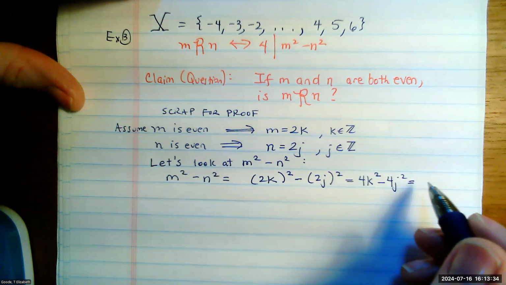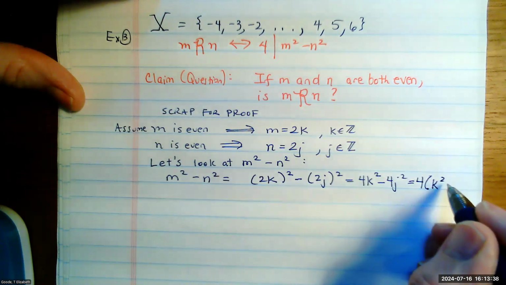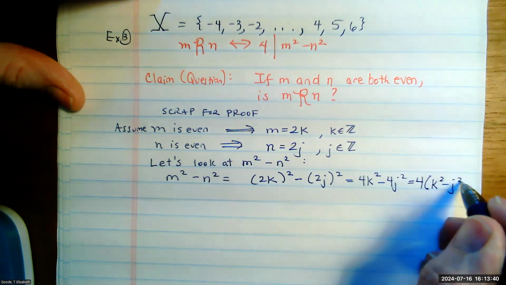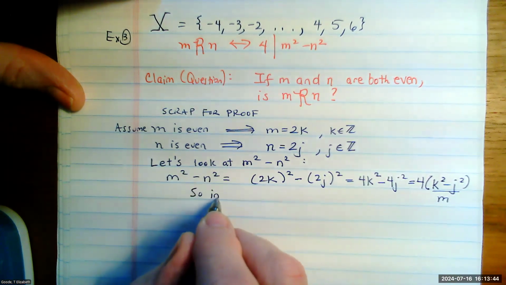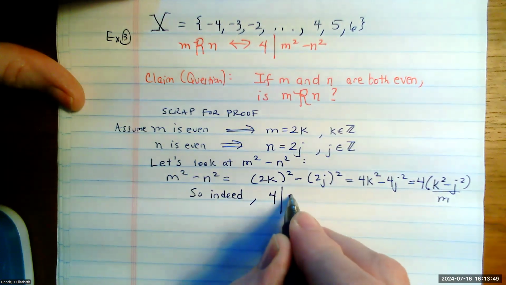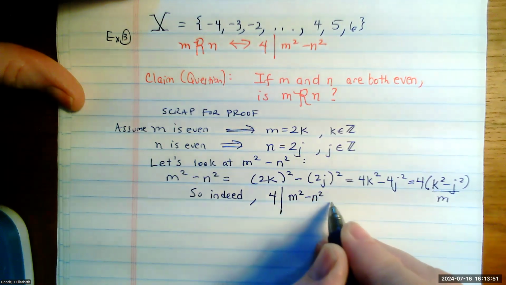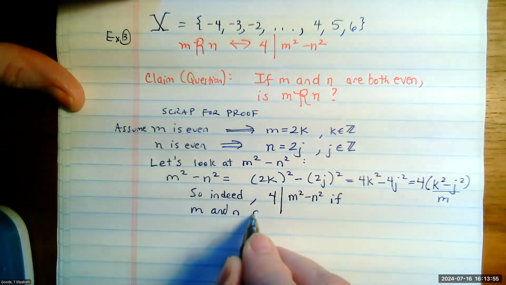Isn't that going to be 4 times an integer, K squared minus J squared? So indeed, 4 divides M squared minus N squared if M and N are both even.